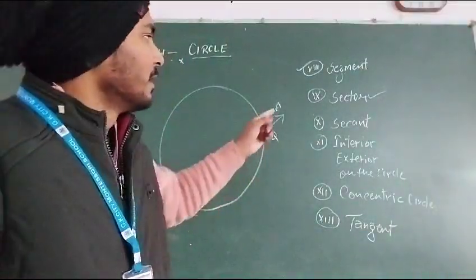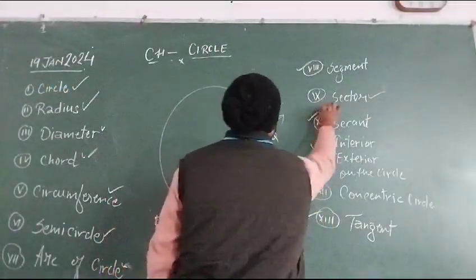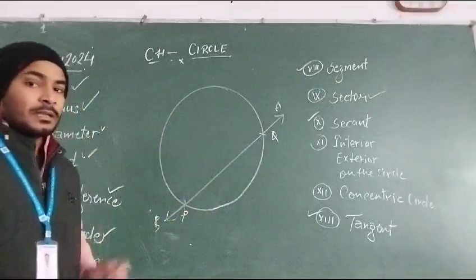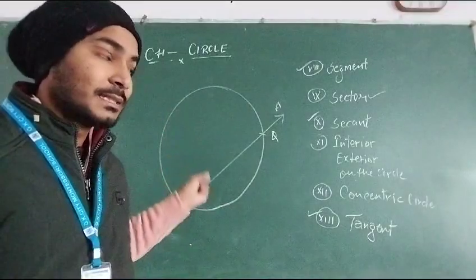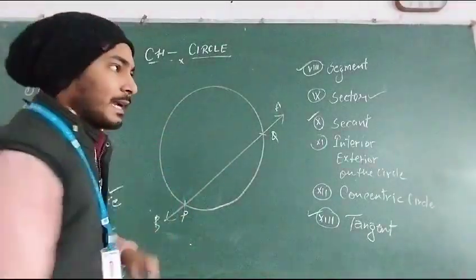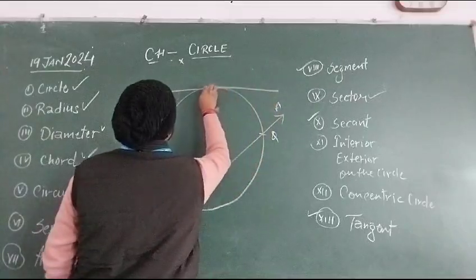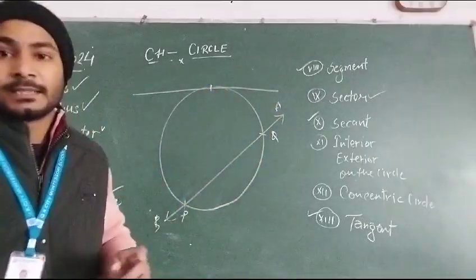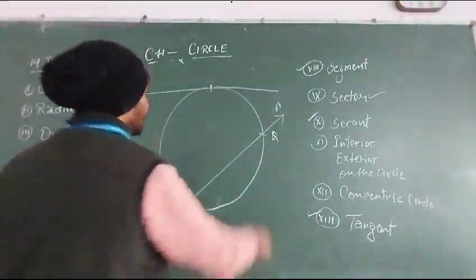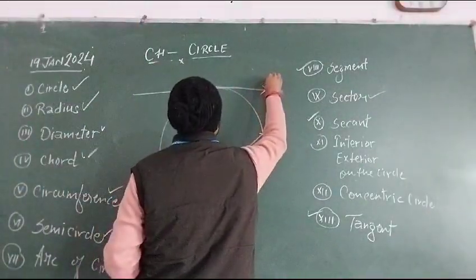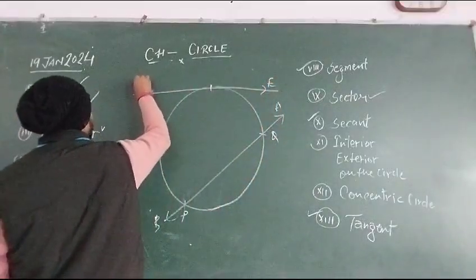And we have another point that is tangent. Here, this is tangent and this is secant. A line that intersects the circle at 2 points is called the secant of the circle, and the line that touches the circle at 1 point is called the tangent of the circle. So a line that touches the circle, that's why it is line MN.